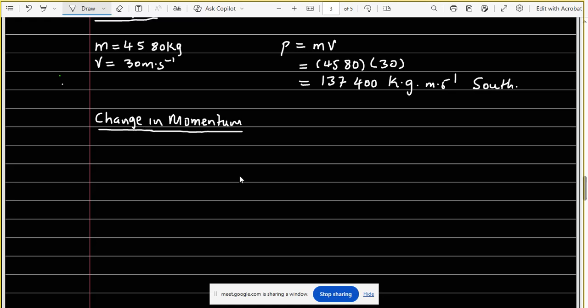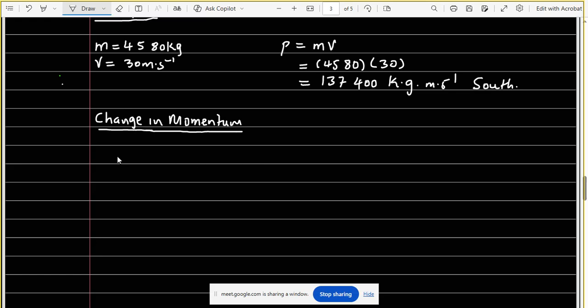So we have two objects that collide. The velocity of the objects will change, and this causes the change in momentum of both objects. So if two objects collide, there will be a change of momentum, because the velocity of the objects will change. Are you with me on that?